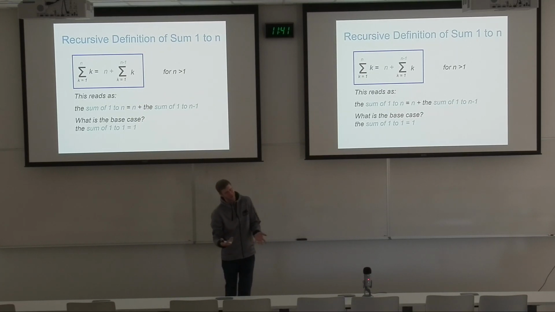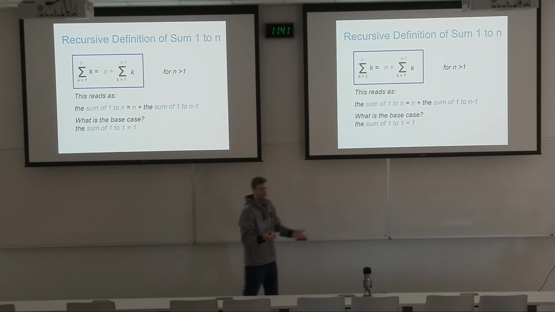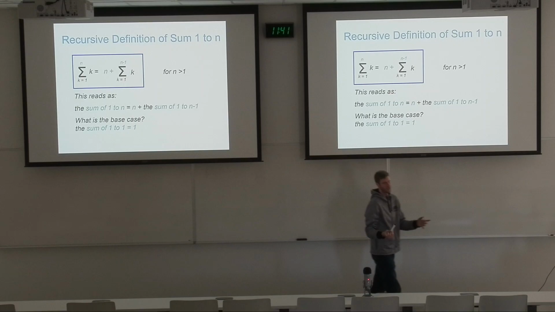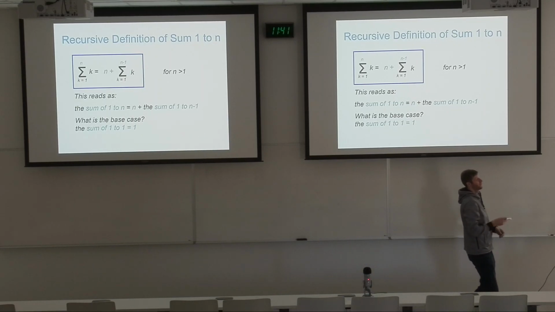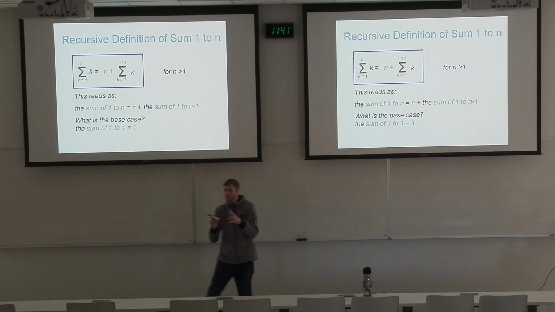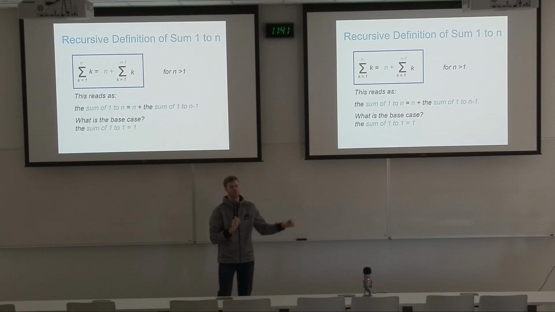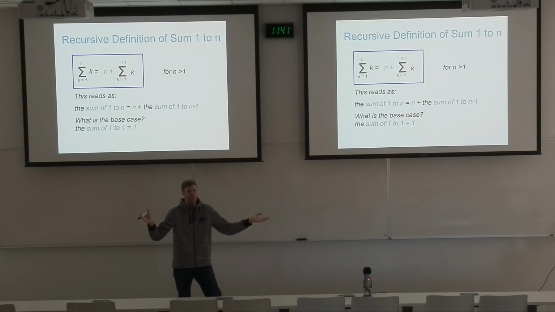See how it looks really similar to the recursive definition of factorial? Basically the same idea, but instead of multiplication, we have addition. The sum of all the numbers up to n is the same thing as the sum of all the numbers from 1 to n minus 1, plus n. That's it.